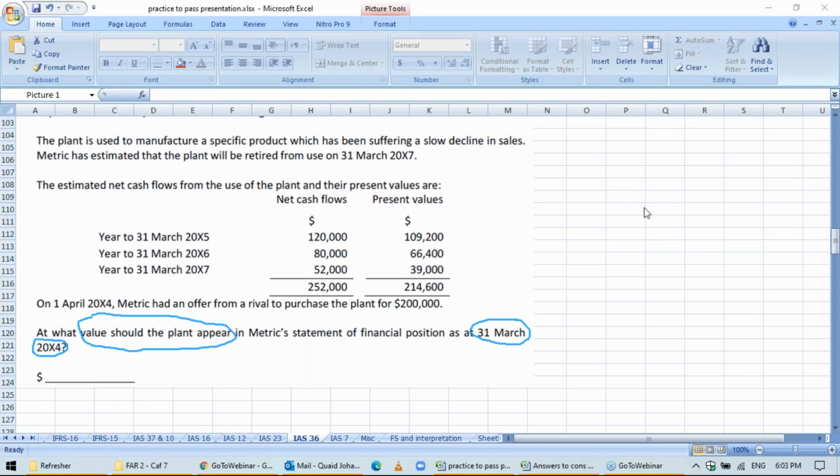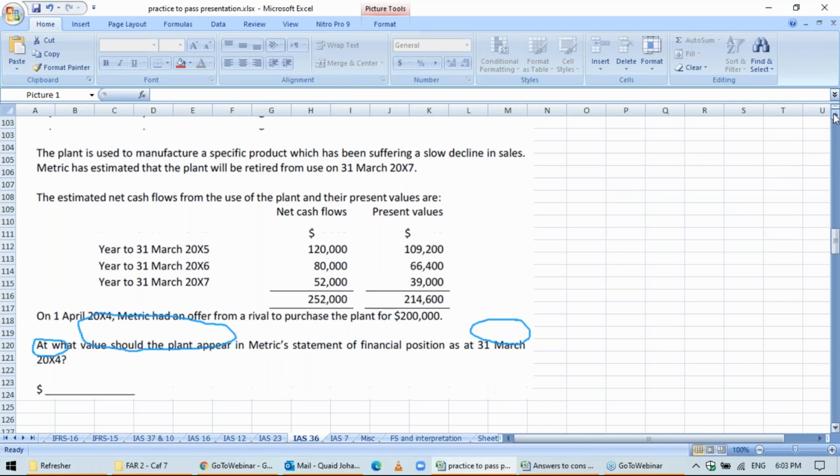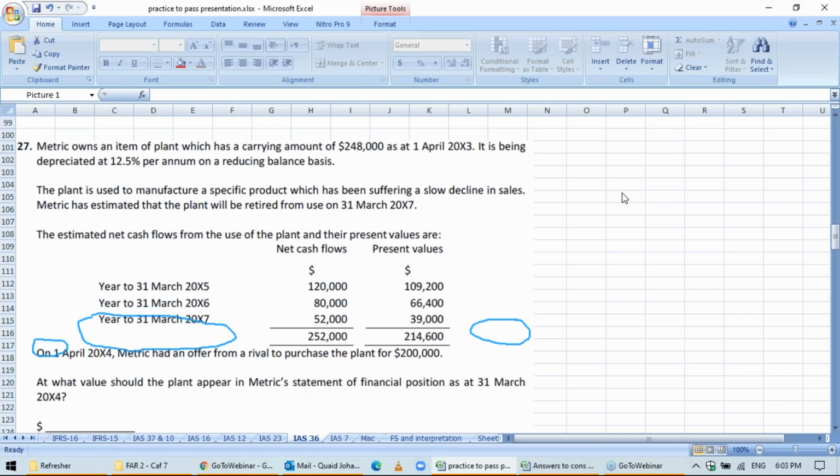So the plant was having a carrying value of 248,000 on 1st of April 2003, right? So first we will deduct depreciation out of it in order to arrive at the carrying value on 31st March 2004, right? So depreciation is being charged at 12.5% per annum on reducing balance basis.